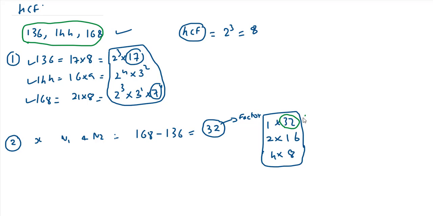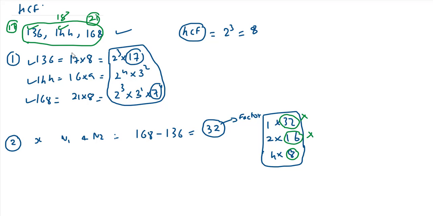So 32 cannot be the HCF. If we check 16, 16 into 8 is 128, hence it will not divide 136, so 16 cannot be the HCF as well. If we check with 8, 8 into 17 is 136, hence it can divide 136. Then 8 into 18 is 144, hence it will divide 144 as well. Then 8 into 21 is 168.